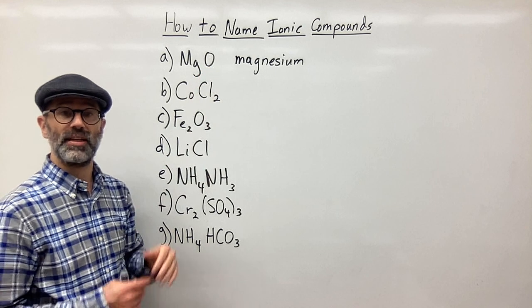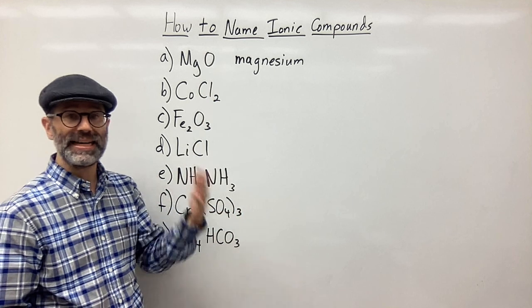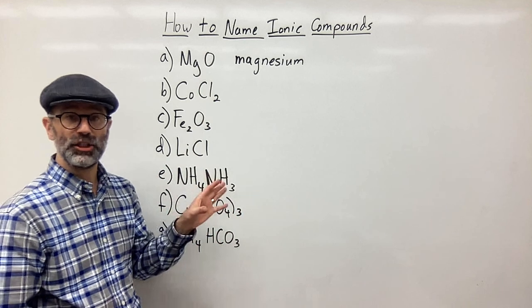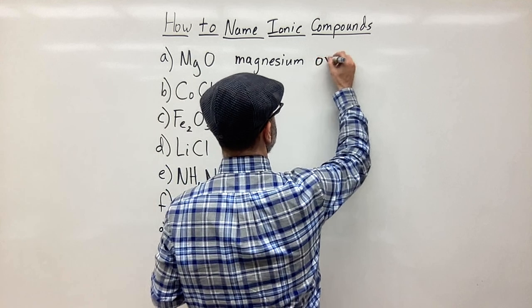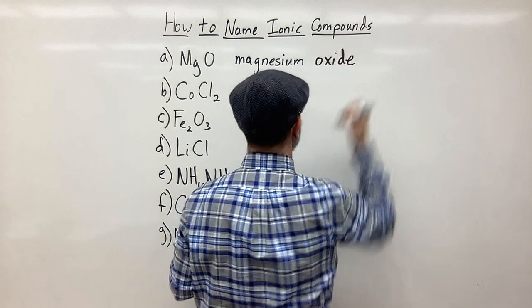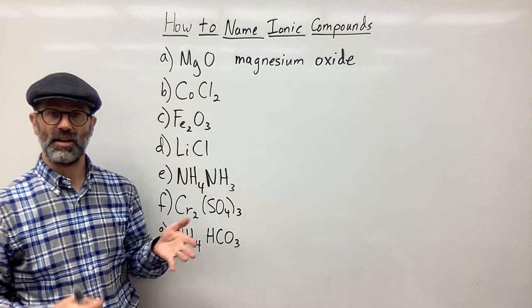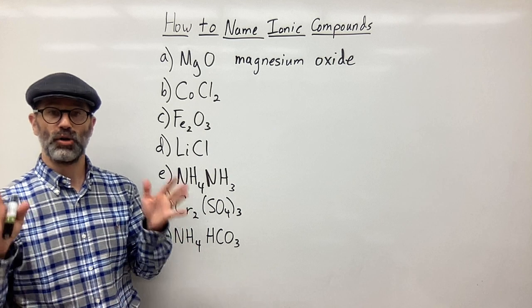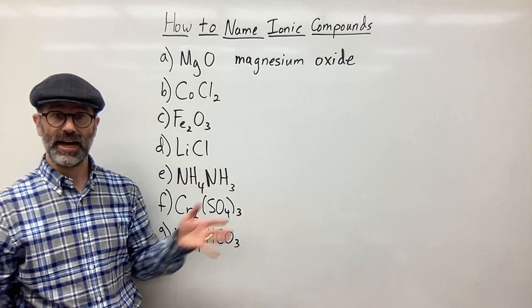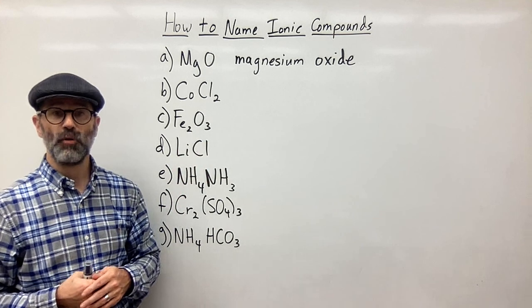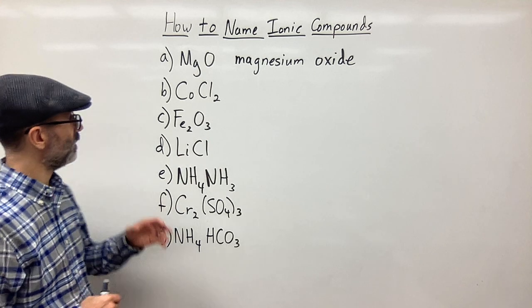Again, it's going to be the name of the element where you drop the ending and add IDE. So oxygen becomes oxide. And there's the name of that compound, magnesium oxide. So we're dropping the word ion for each of the separate ions and putting them together to form the name of the compound itself.